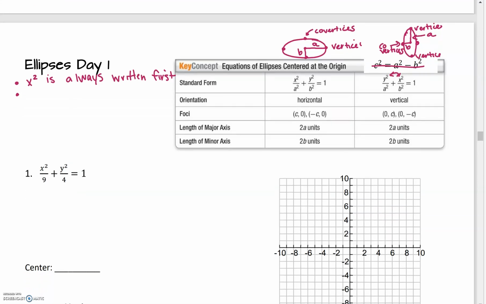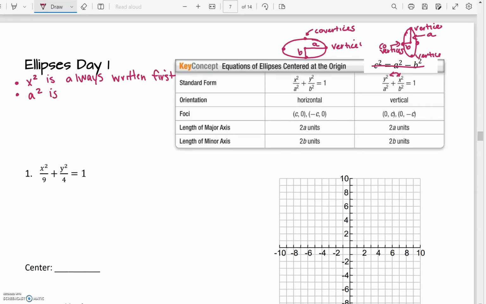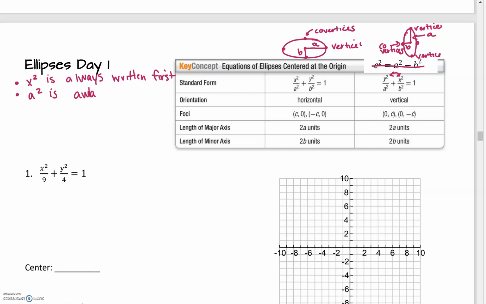And then A squared is always the bigger number. We have a plus sign in our equation, and it always equals 1 in the equation.